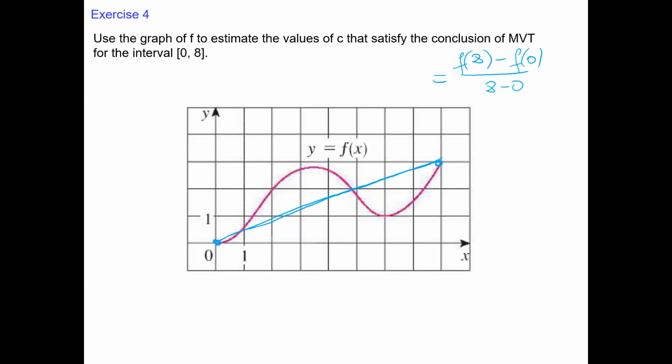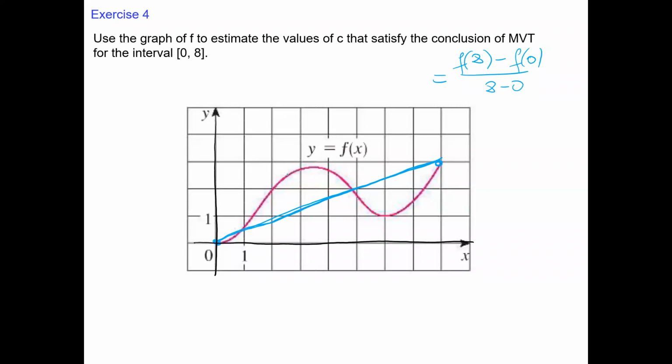We may compute it, but we don't have to. We can go by parallel, then the slope is the same. Now I have to find where I can place a line which is tangent and at the same time parallel to the blue line.